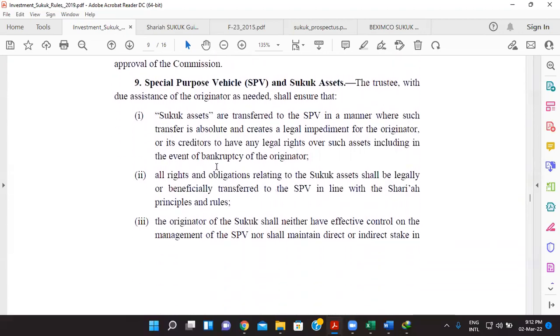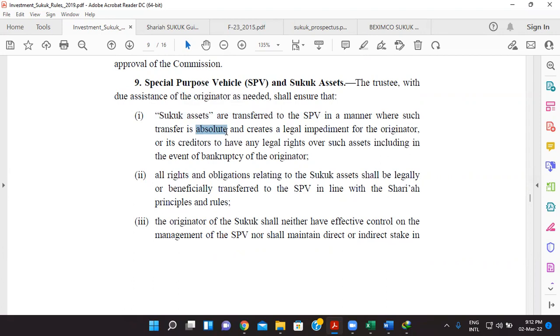Okay, first thing, sukuk assets are transferred to the SPV. It cannot be, the ownership cannot be in the hand of the originator. It should be in the hand of SPV in a manner where such transfer is absolute. Absolute means there is no place for the originator.